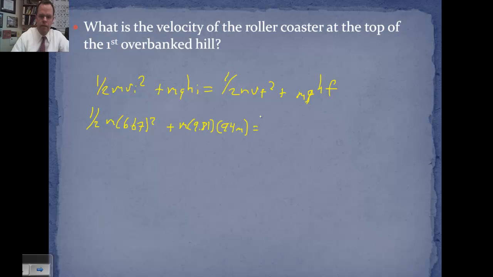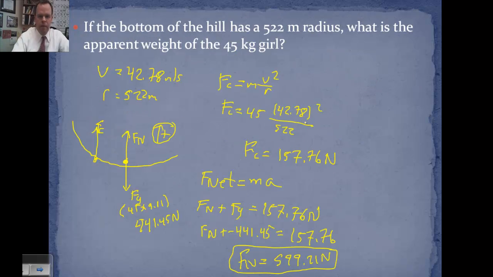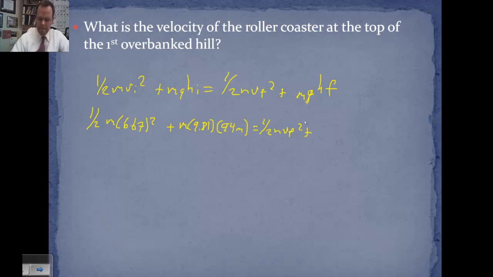So I start at 94 meters. I'm looking for my velocity. And my height now is 52 meters. So m times 9.81 times 52.